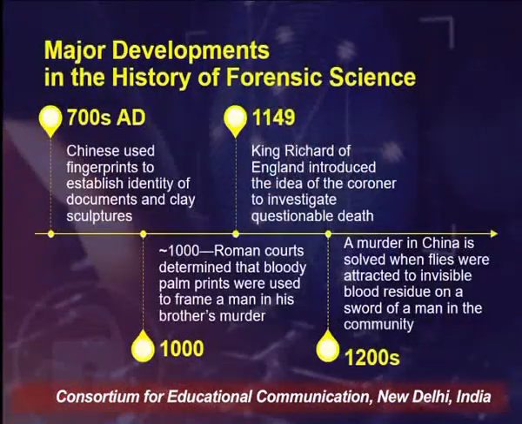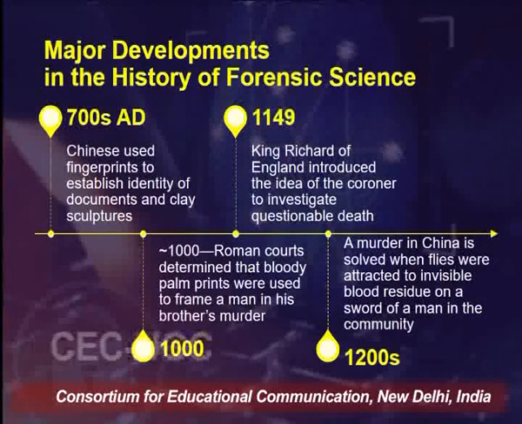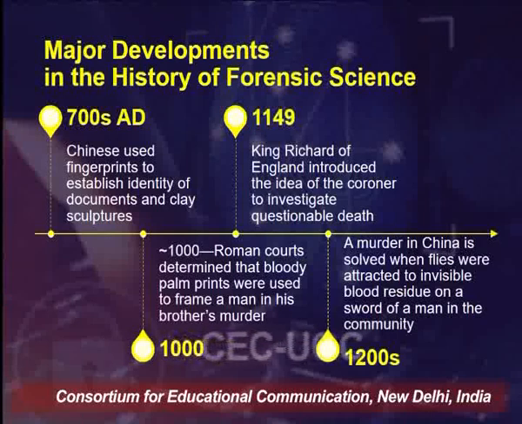Now we move forward towards the history and development of forensic science. Major developments in the history of forensic science. In the 700s AD, the Chinese used fingerprints to establish the identity of documents and clay sculptures. In 1000 AD, the Romans could determine that bloody palm prints were used to frame a man in his brother's murder.